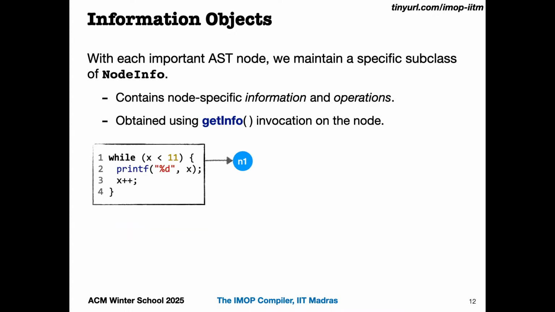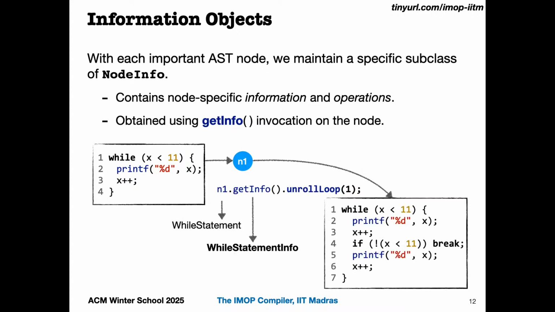Here is one more. Let us say N1 is a while loop. Then I can do N1.getInfo. On this while statement info, there is a method called unroll loop, which is already implemented. You will also implement unroll yourself, but there is already a method called unroll loop.